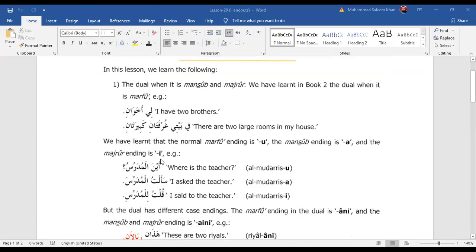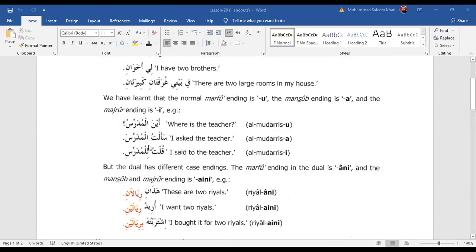All right. So let's go over here and see Aina al-Mudarrisu, where is the teacher? We can say Aina is subject and al-Mudarrisu is predicate or vice versa. Both of them are possible. Sa'altu al-Mudarrisa. Now why is it al-Mudarrisa? Maf'ul bihi, excellent.